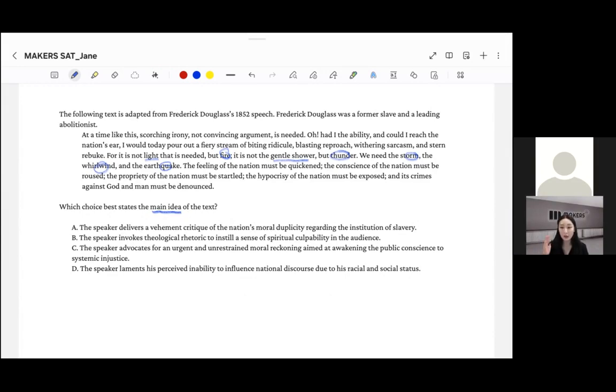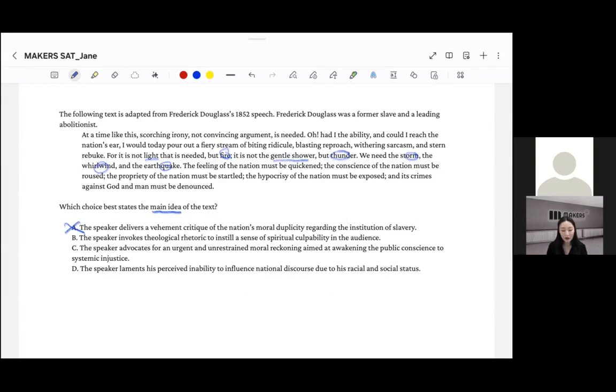He is critiquing the public, but he's also calling them out, saying that this is really urgent and we have to be awakened to how urgent this is. So A would be missing the emphasis on urgency and awakening. It is a very valid point in addressing the hypocrisy part, but it isn't the main idea because it's not as comprehensive. So A would be incorrect.